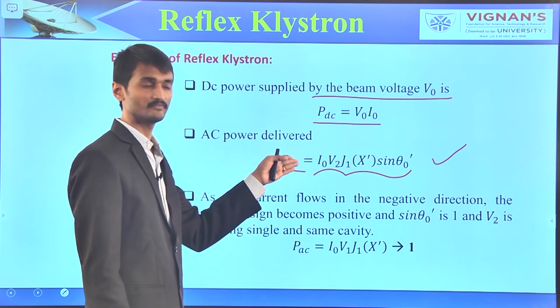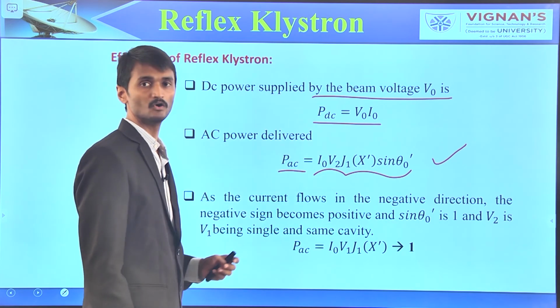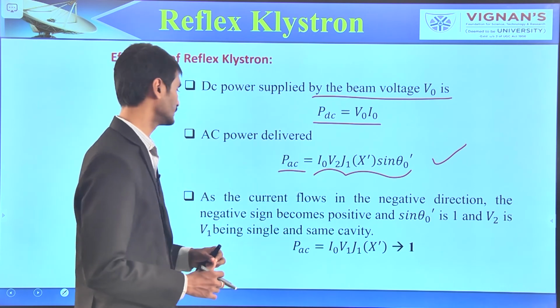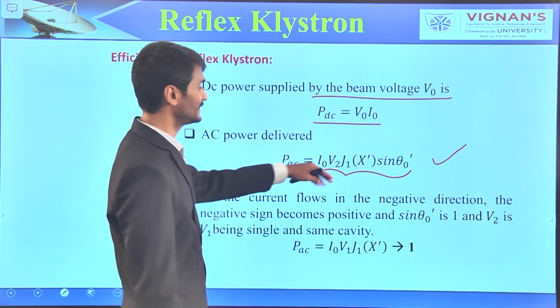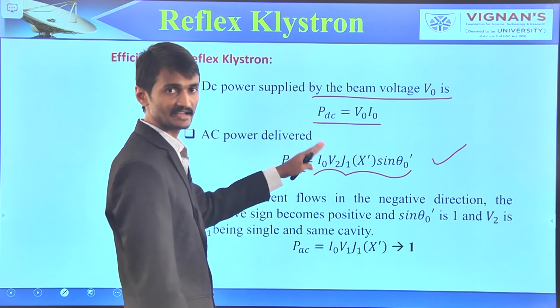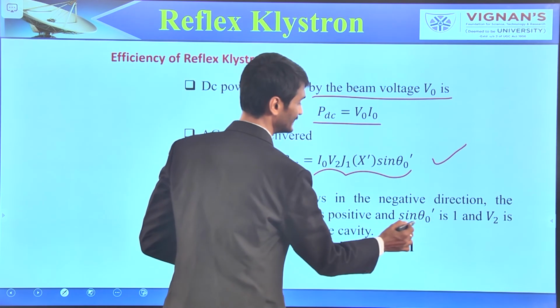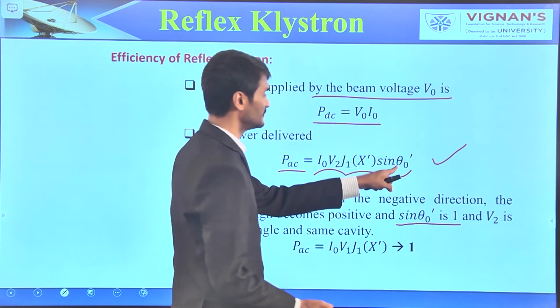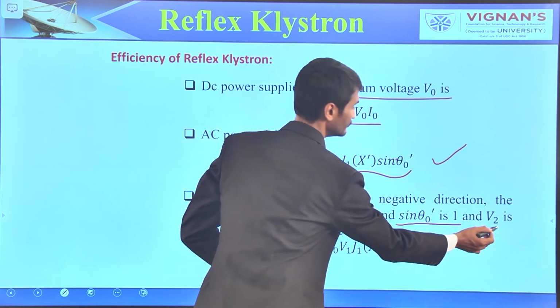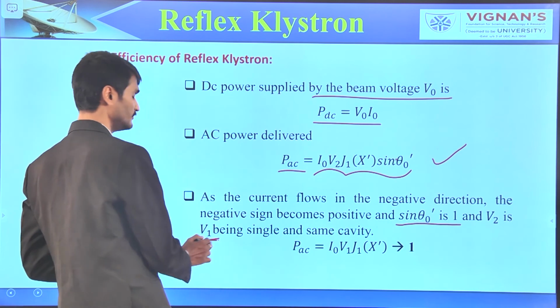The two cavity Klystron amplifier derivation is similar to this output power derivation. Here the current is flowing in the negative direction, so the negative sign becomes positive, and sin theta naught prime is 1 and V2 is V1. Why is V2 V1?